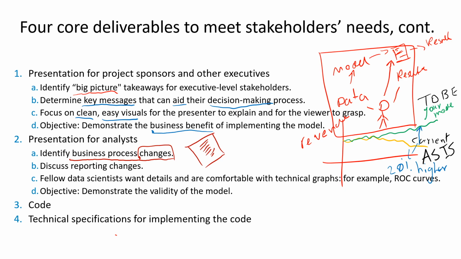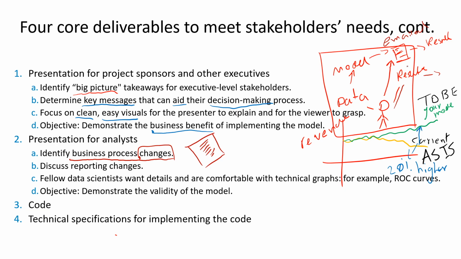How reporting has changed. Like in this example that we have here, previously the user was providing the results directly. Now the user is going to work with that computer, and maybe now this report is going to be emailed directly to the CEO.